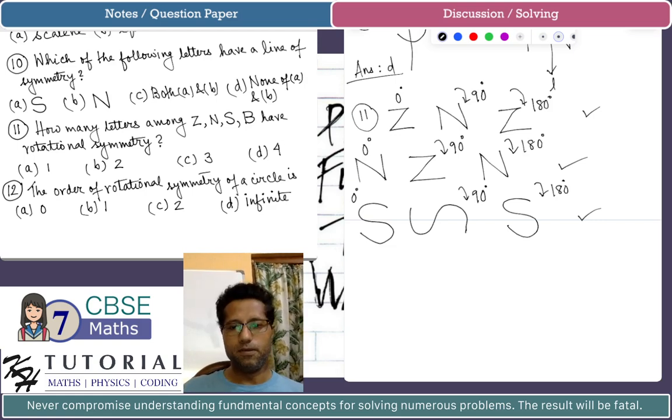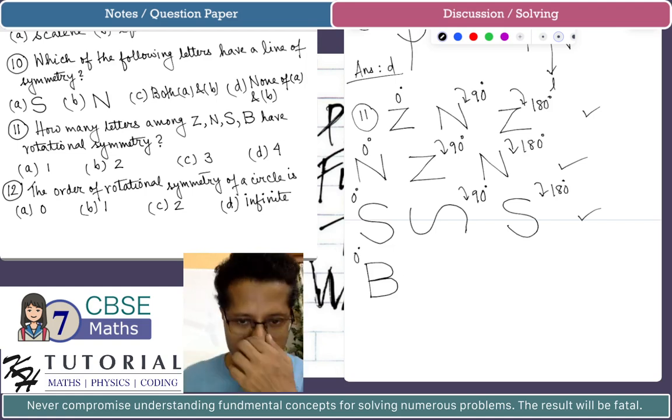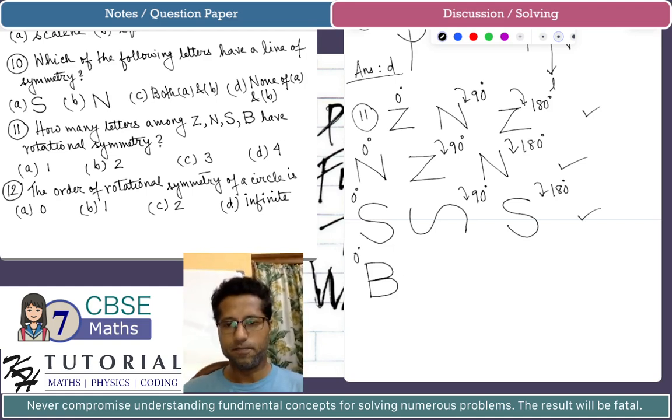What about letter B? B. Oh, this is not a correct B. Okay. So this is the letter B at a 0-degree angle, and if I rotate this letter B clockwise by 90 degrees, what will it look like?